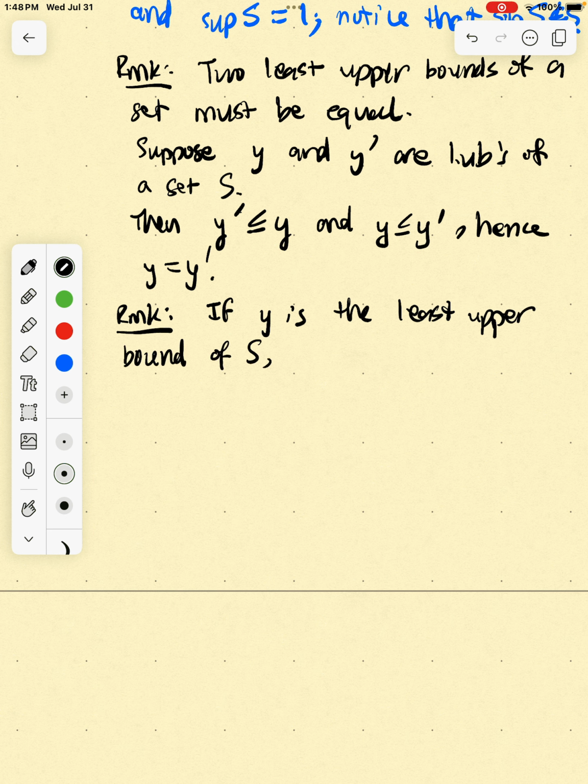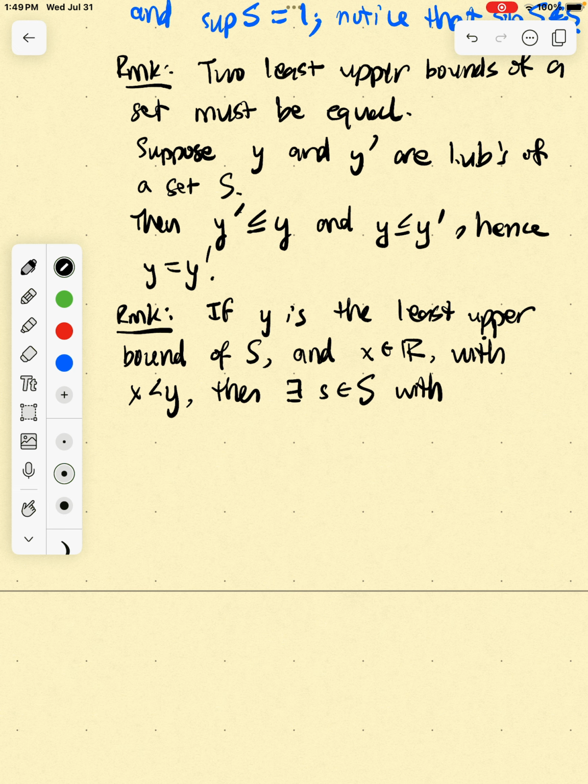And suppose that y is the supremum, or least upper bound, same thing, of S, and x is a real number that's less than y. Then there must exist some element of S, say little s, with the property that x is less than s. Okay, let's see why that's true.